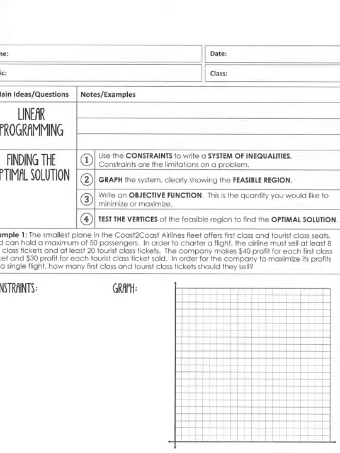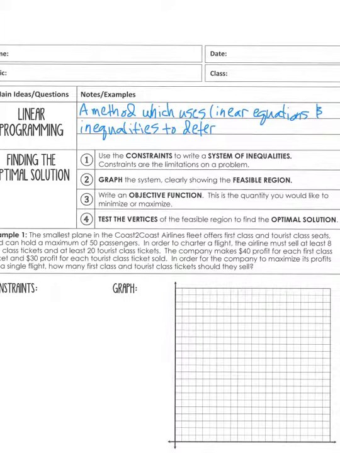So the definition of linear programming is a method which uses linear equations and inequalities to determine the optimal solution to a certain situation. Let's see.